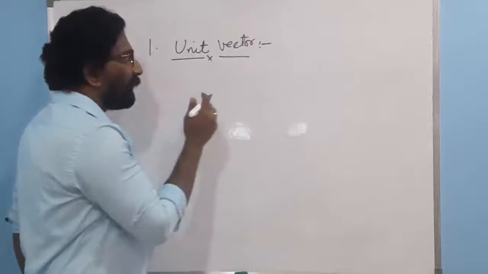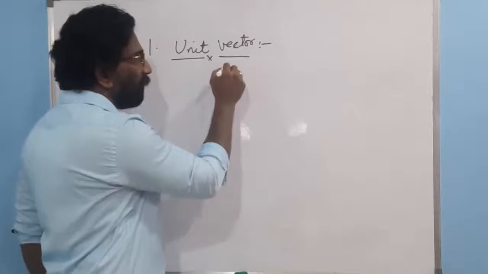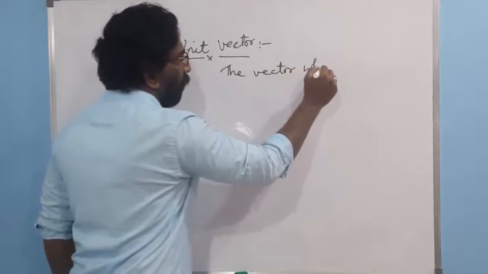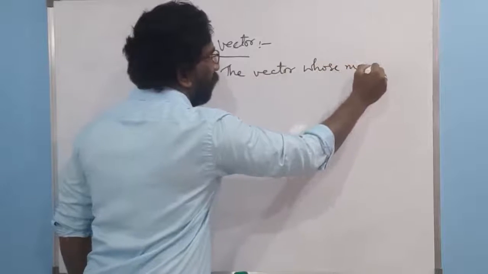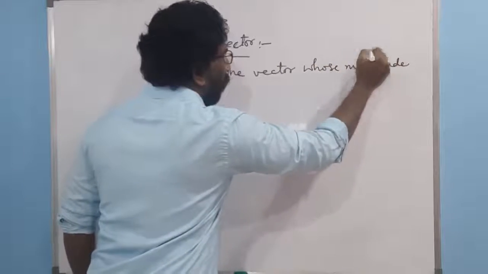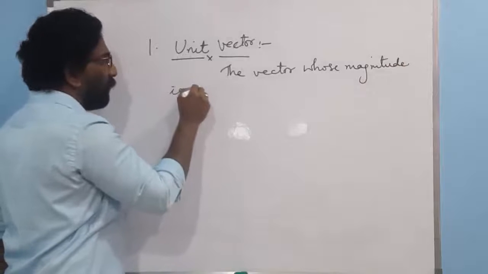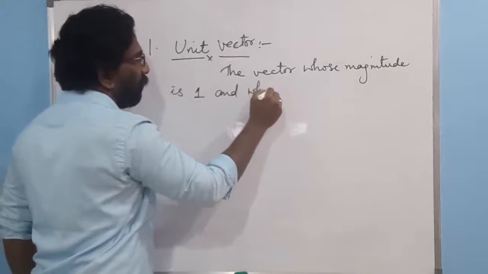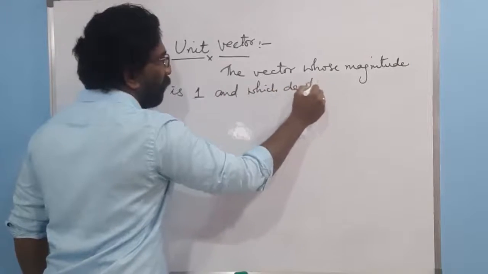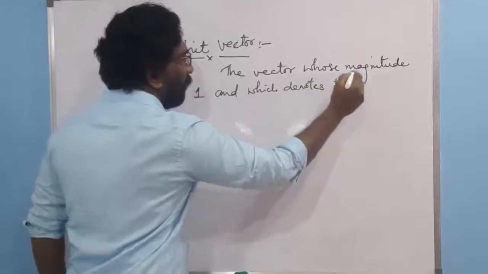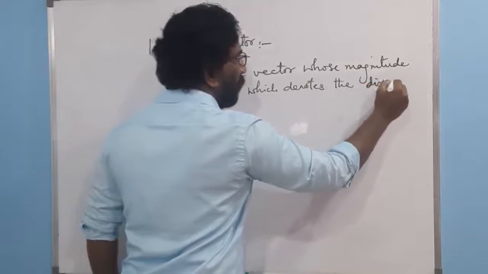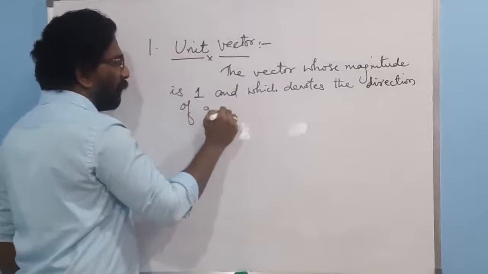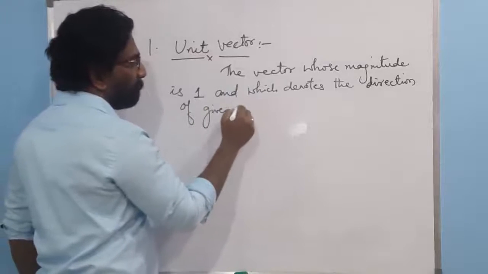So here I can write it as the vector whose magnitude is 1 and which denotes the direction of a given vector is called a unit vector. This is what we have seen in the previous lectures.